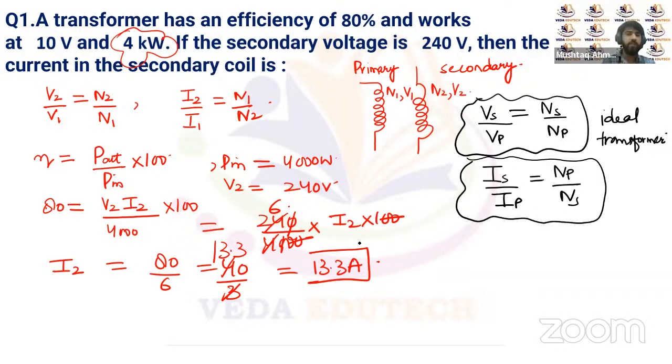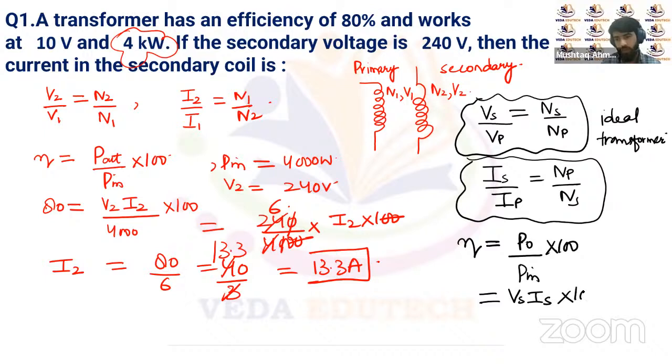And when there is efficiency less than 100% or less than 1, then we use the concept of efficiency, that's the output power upon the input power. Efficiency eta is nothing but P output upon P input, multiplied by 100. P output will be the voltage across the secondary and current across the secondary, divided by the voltage across the primary and current across the primary.